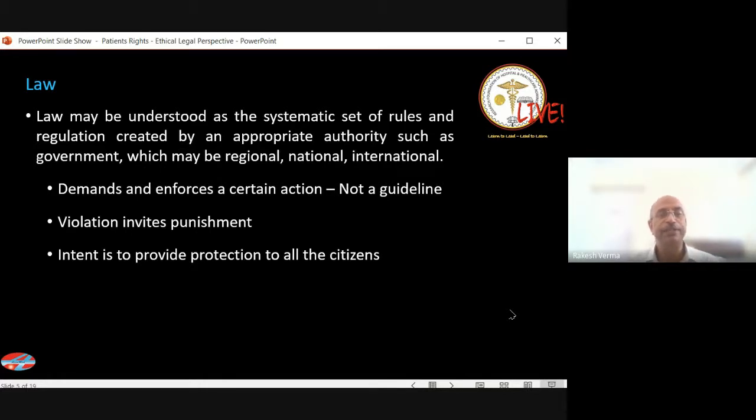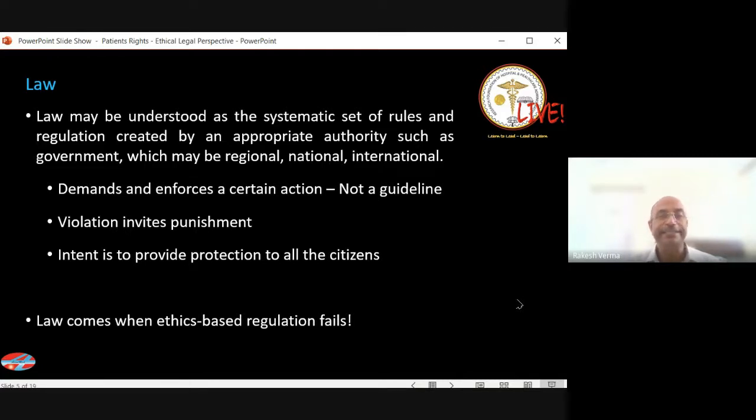Here the intent of the law is to provide protection to all the citizens. So please remember, ethics and laws will exist together at the same time. The law comes into action when the ethics-based regulations fail. I will come to this statement again a little later in the presentation.